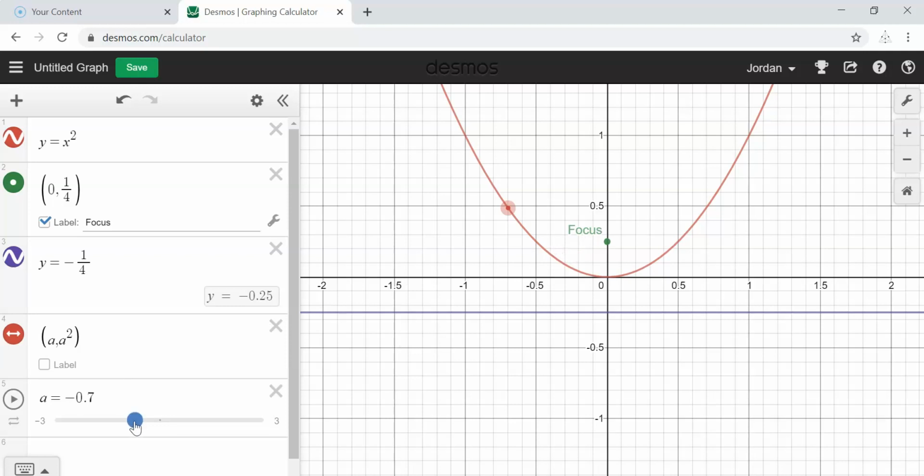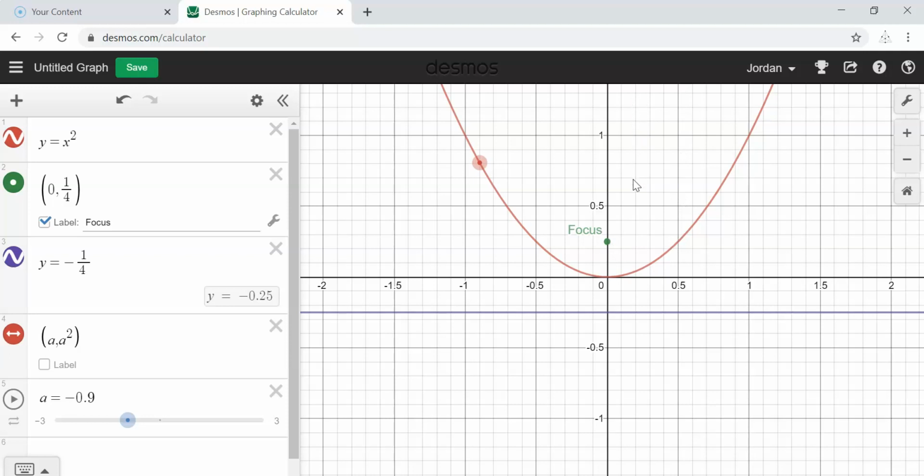There are some other unique things about parabolas as well. One is that if you take a line going vertically here and you bounce it off, so if you throw something, let's say, and it bounces off, it should hit the focus. So if it goes straight down, bounces off, you hit the focus.